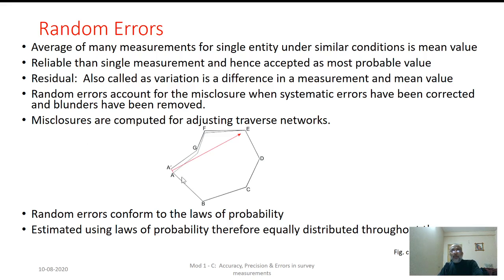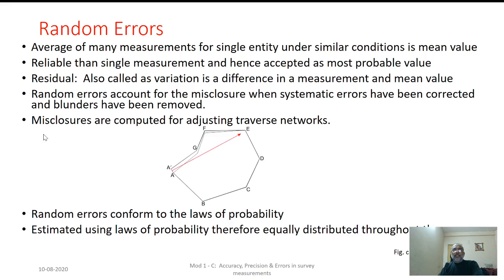Here, the way you see for this particular traverse, it was expected to start from A through B, C, D, E, F, G, and again come back to A. But as the linear measures and angular measures are used to plot this traverse, the last station obtained is A dash and it is not coinciding with A. As such, this A dash is the misclosure.